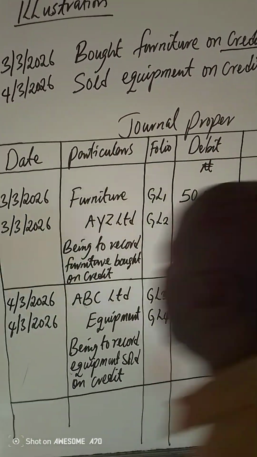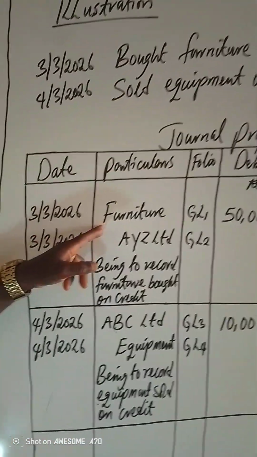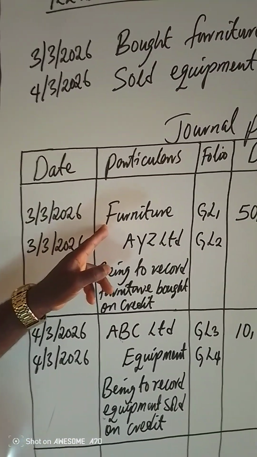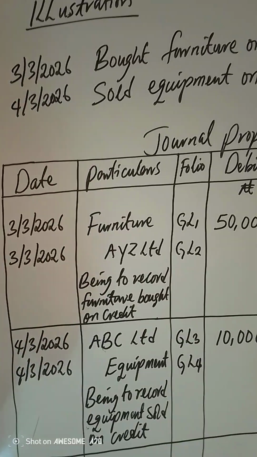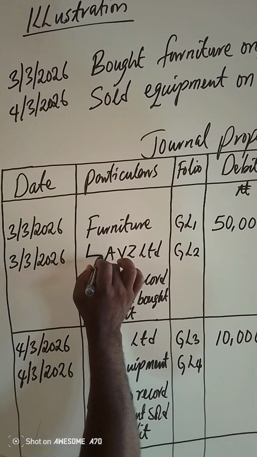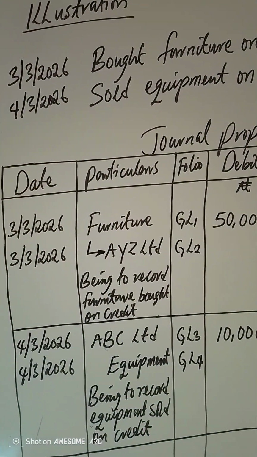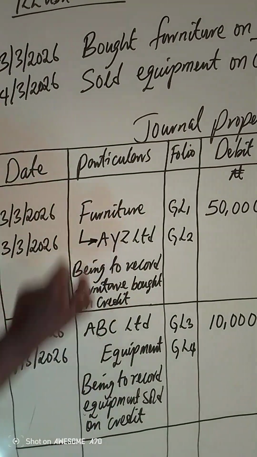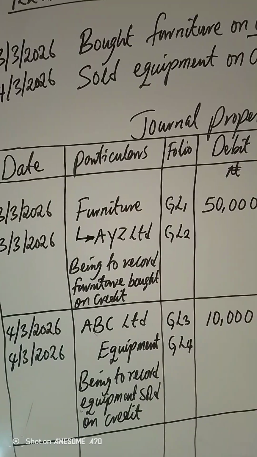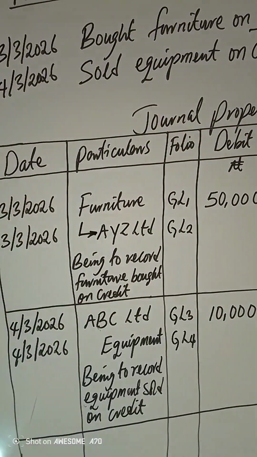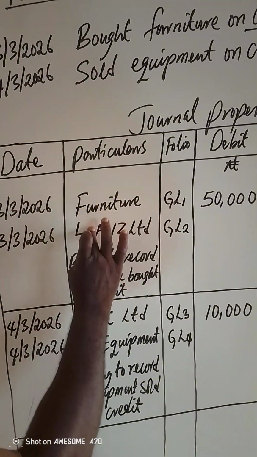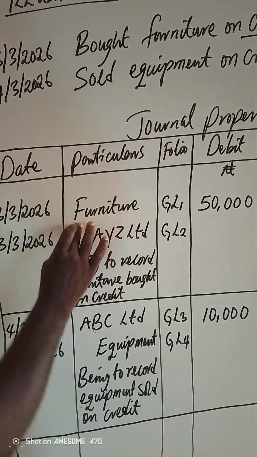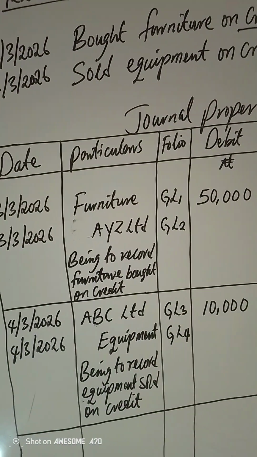You can see the first posting is on the debit side, and the credit one is shifted inside. This is what is called indent. Indent a little, that is, shift the entry that is moving to the credit side a little bit inside. It should not be on the same level with the debit, to show that it is moving to the credit side. So the indent of the credit posting is also very important when you are recording in the journal proper.